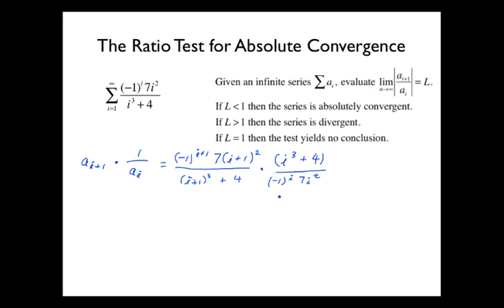Okay, so to analyze this, now we're going to take the limit of the sequence of the absolute value, and we want to combine like things here. So it's (7(i+1)^2)/(7i^2) times (i^3+4)/((i+1)^3+4).